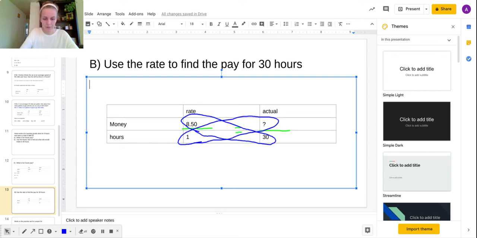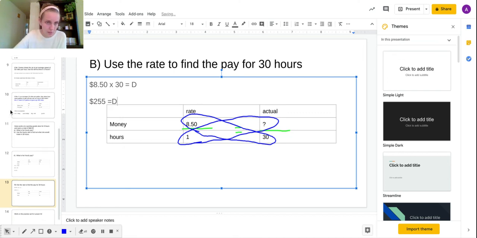Let's do this right. 850 times 30 is equal to $2.55 is equal to the dollar amount that she would get paid.